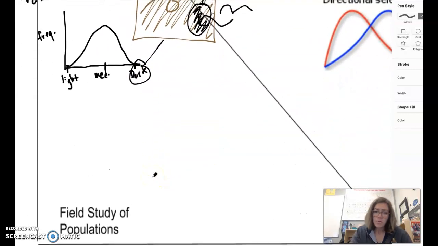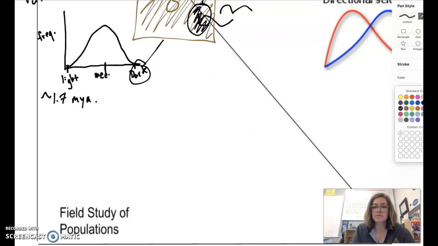And so what happened in this environment, though, is that about 1.7 million years ago, there was this volcanic eruption. So let's make this volcano here. And it erupted. Lots and lots of lava, right?